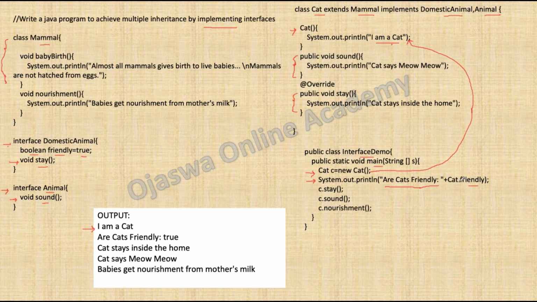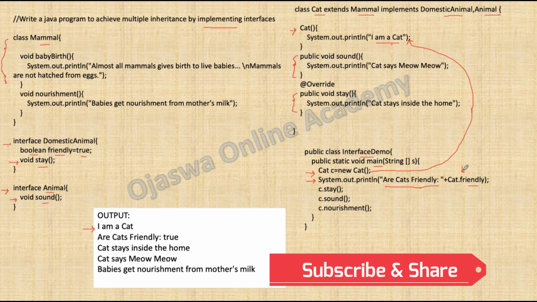You can say DomesticAnimal dot friendly because variable friendly belongs to interface DomesticAnimal, or you can say Cat dot friendly because subclass Cat inherits variable friendly, or you can even invoke a static variable using an object. You can say c dot friendly. Here I have written Cat dot friendly. So this will retrieve value true assigned to it.